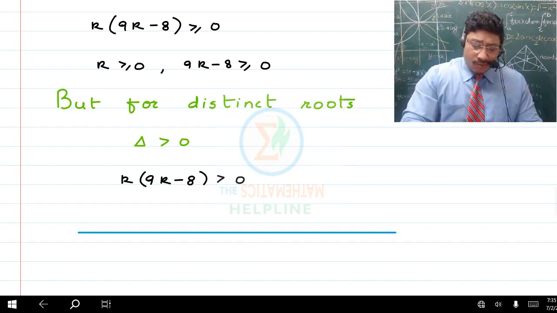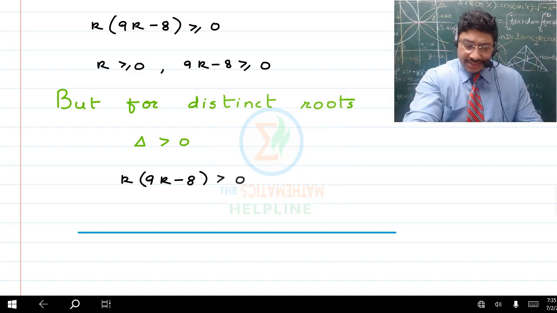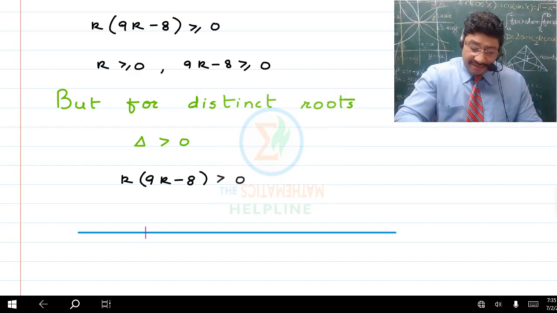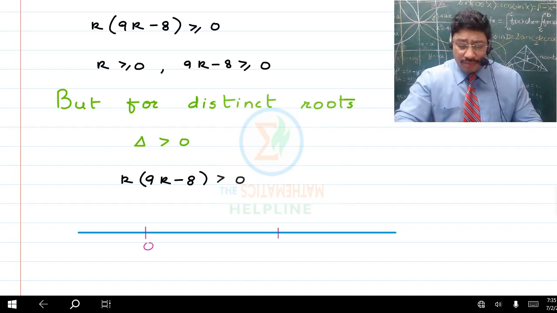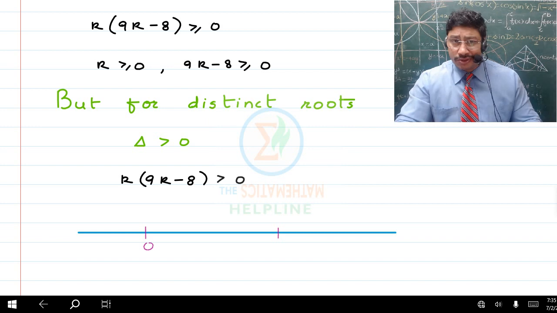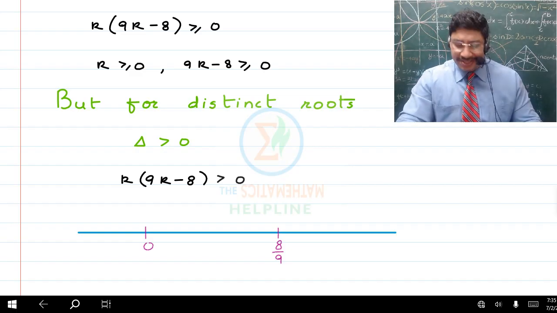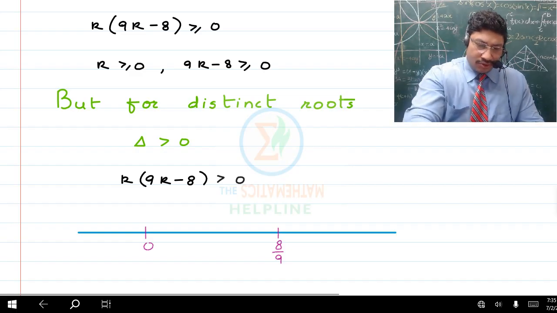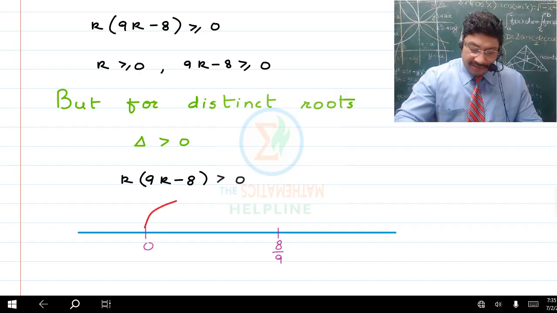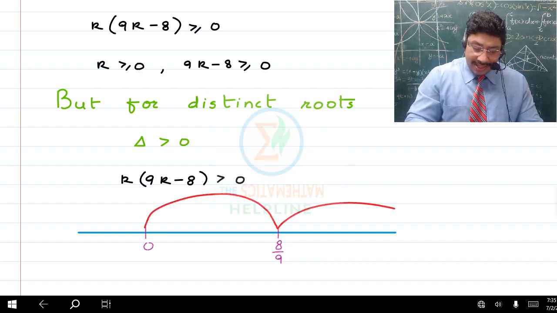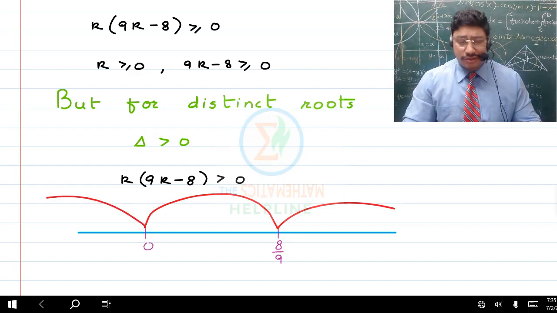That is one portion which is, say, where we have k to be 0, and another portion where we put 9k minus 8 equal to 0, which gives k equal to 8 upon 9, right? Now, can you see the three portions? Yes, you can. So what we do is we mark the first portion, we mark the second portion, and there's also another portion which is third, right?